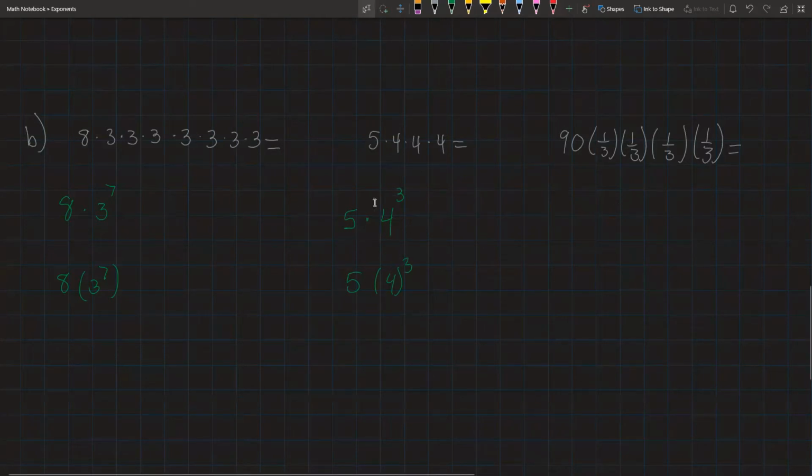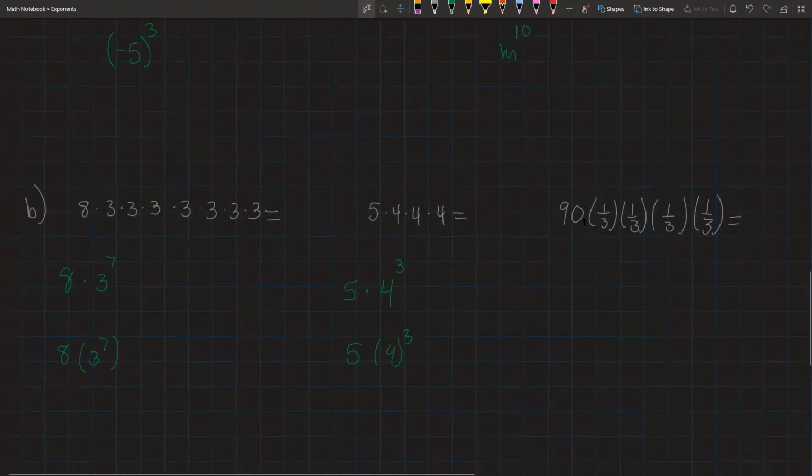As long as they're correct, they're both compact forms. All right, great. And then here again, notice that the 90 is not the same base as 1 over 3, but all the other ones do have that same common base of 1 over 3, and it is 4 times. And there it is. That is my main introduction to compact form and expanded form.